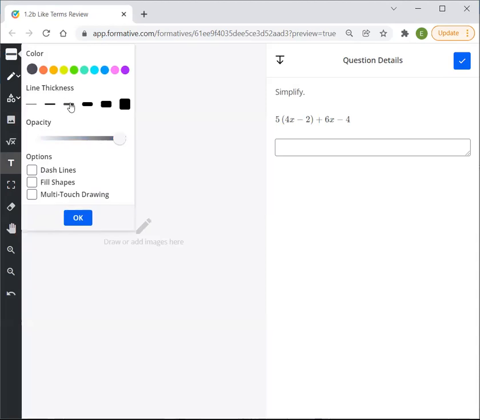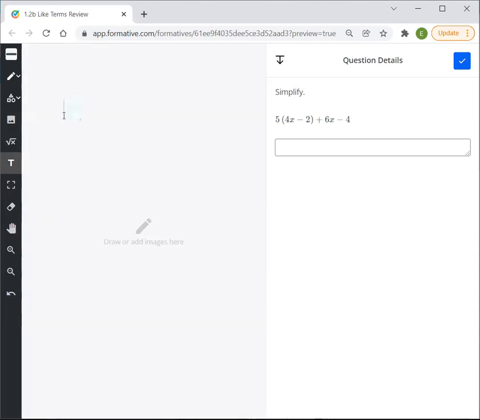Make this a little bit bigger because it's kind of hard to see. Okay. So the first thing we need to do here is we need to distribute. So think about back to our order of operations. The first thing you want to do is those parentheses.